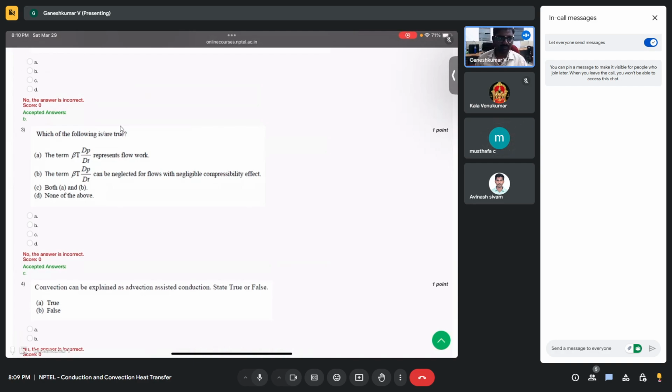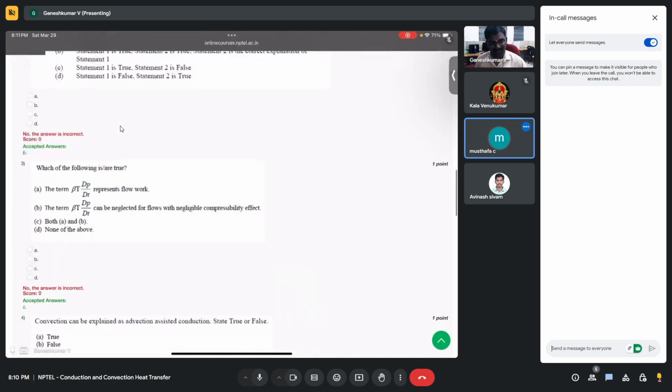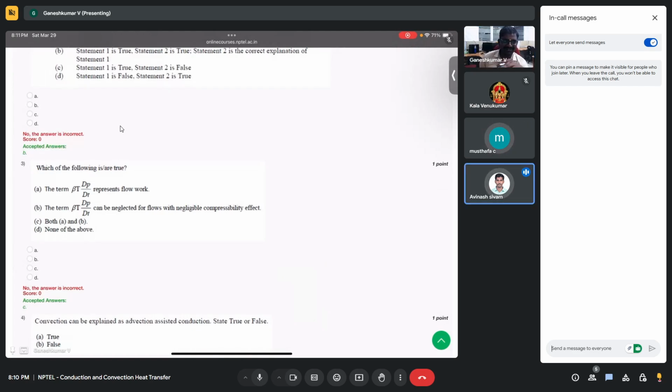Although I would have said that dp by dt is not exactly flow work, flow work is coming inside the dp by dt. So do not think much because it's a UG course. We are PhD students, we think too much. No, that's not what I'm saying.